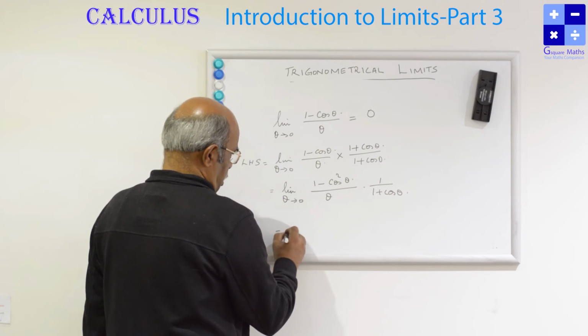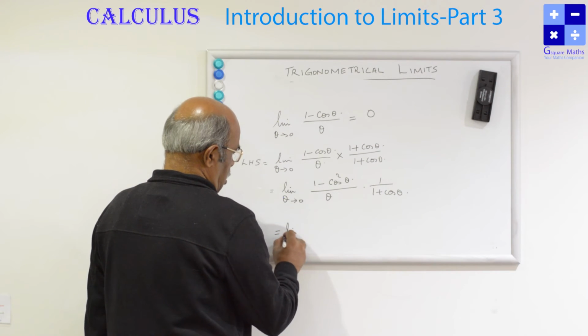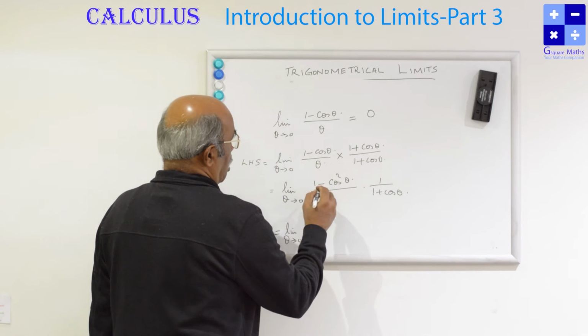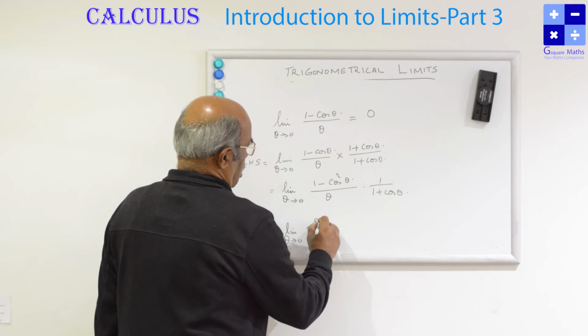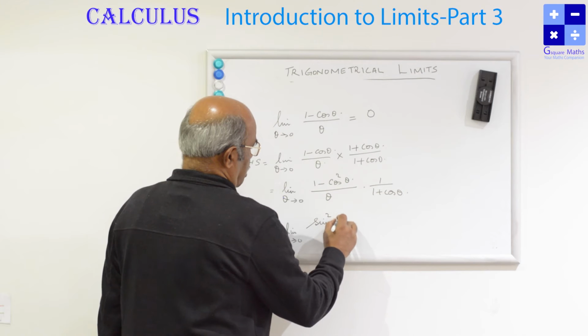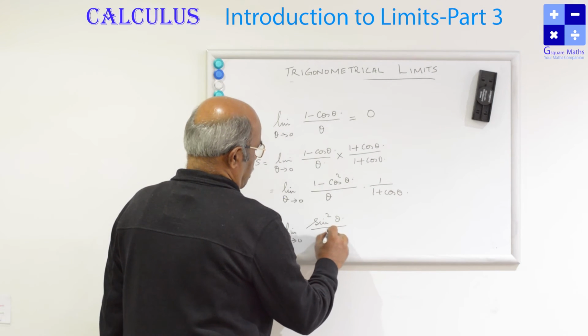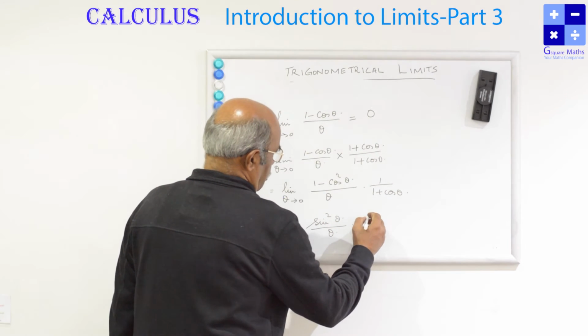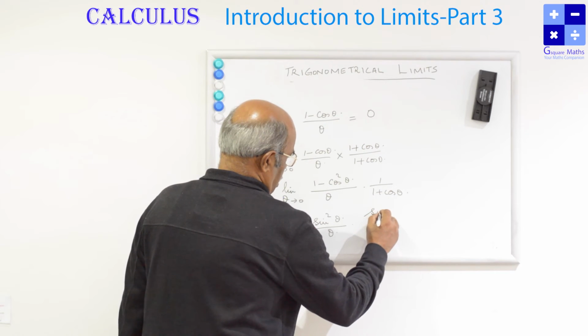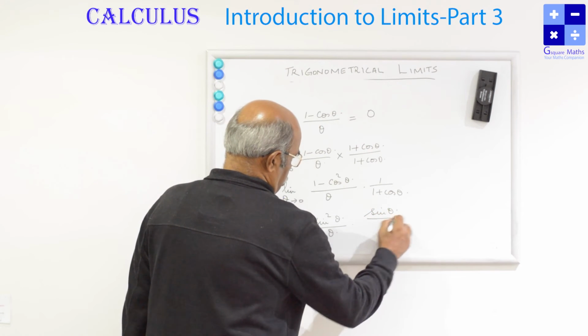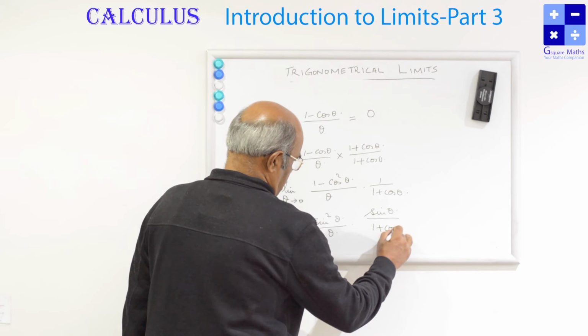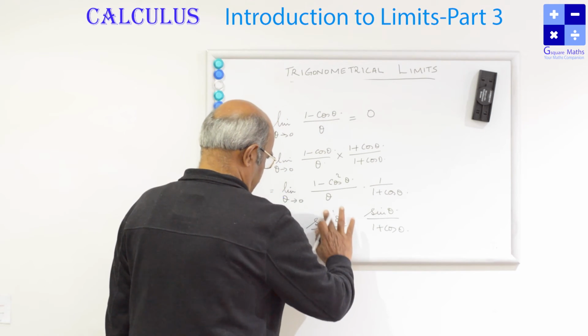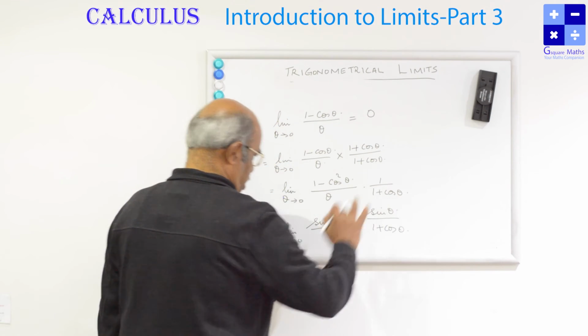And this is nothing but limit theta tends to 0 of sin square theta by theta into sin theta by (1 plus cos theta). Let us take this sin square theta as sin theta into sin theta.